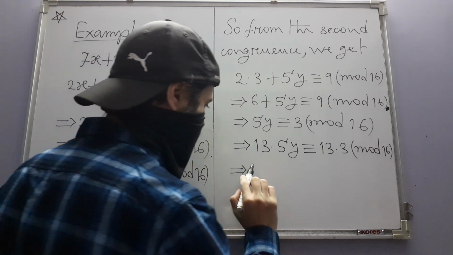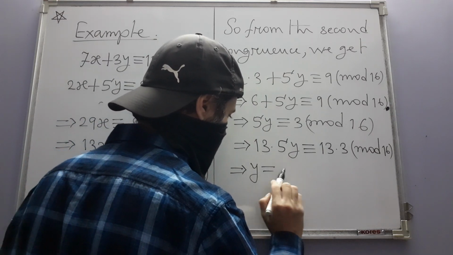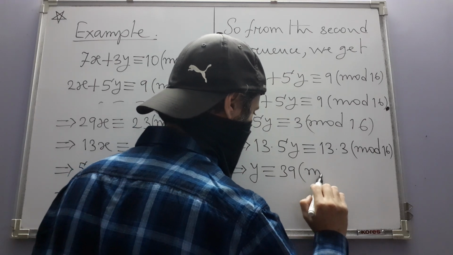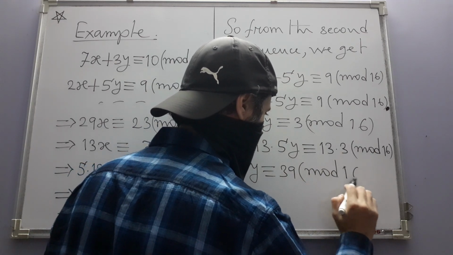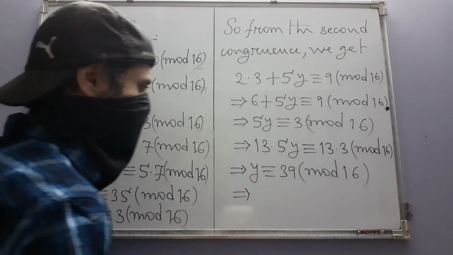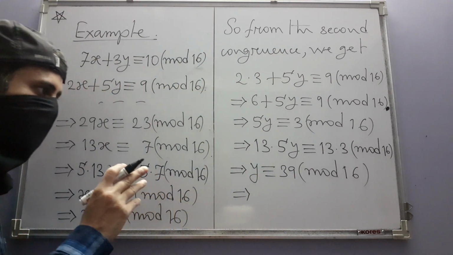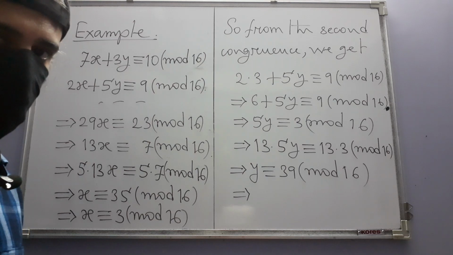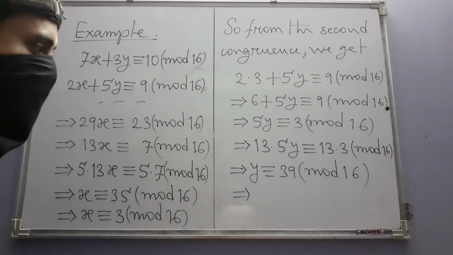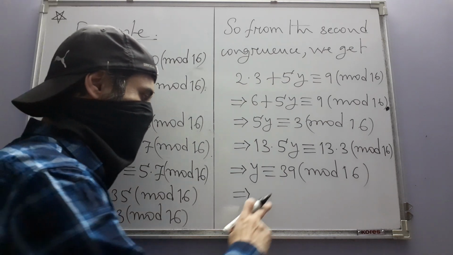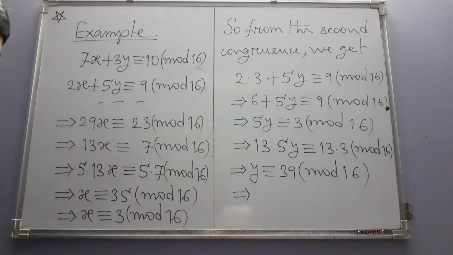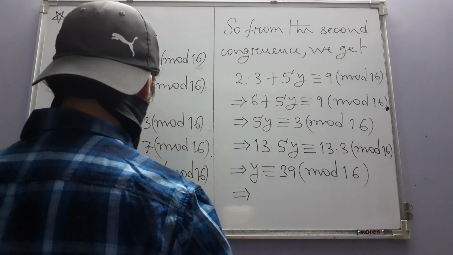So the left hand side will become y, and this is 39. 16 times 2 is 32. 16 times 3 is 48, that exceeds 39. And if you subtract 32 from 39, what do you get? 7. Is that what you get? Yes.